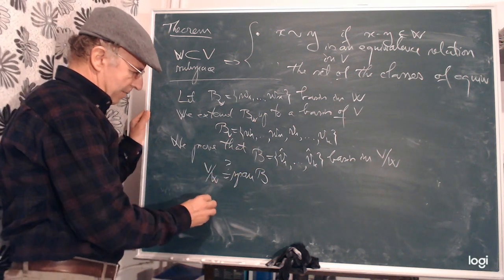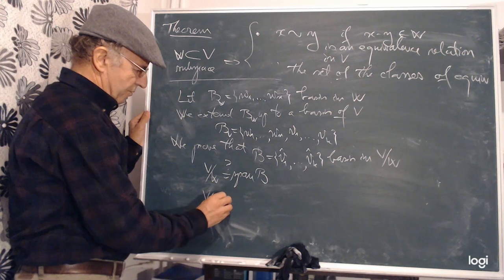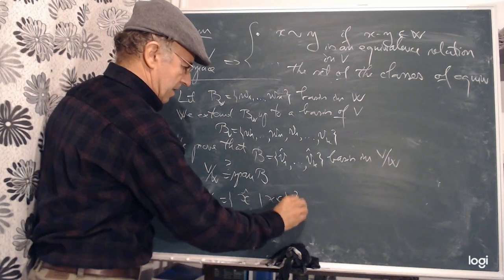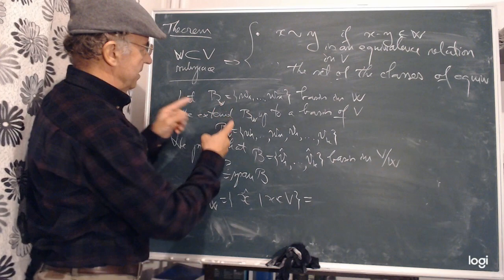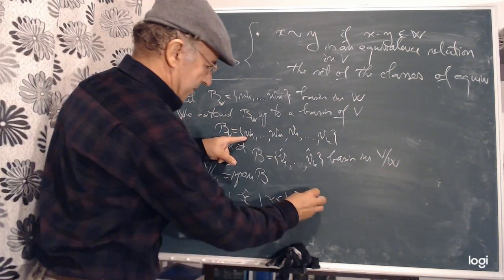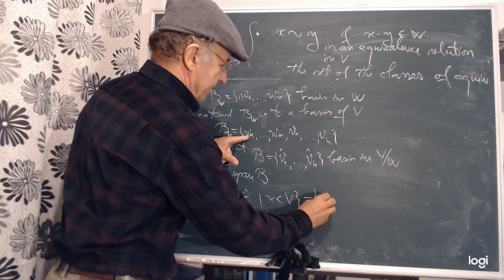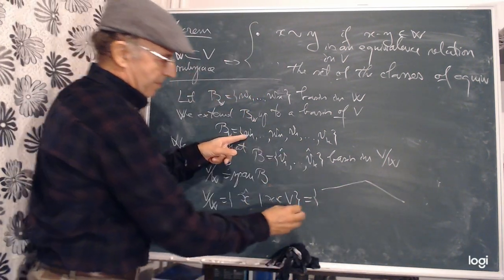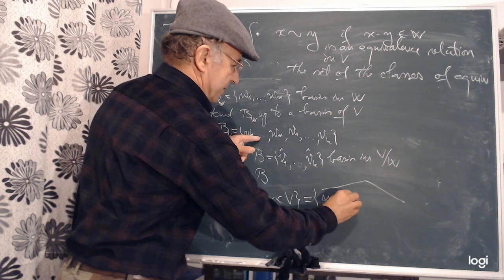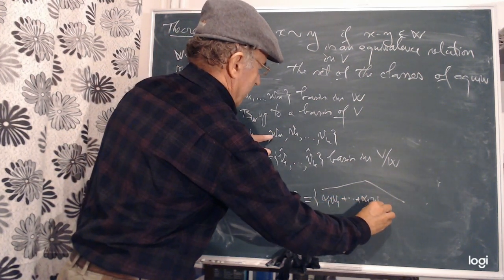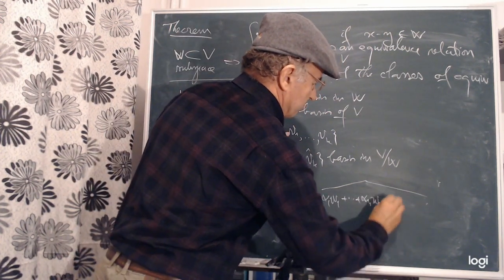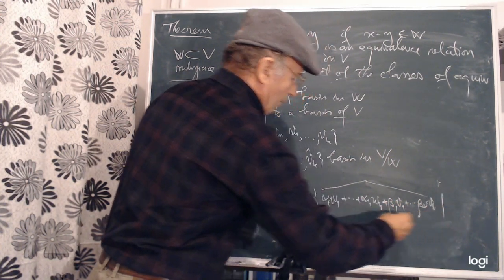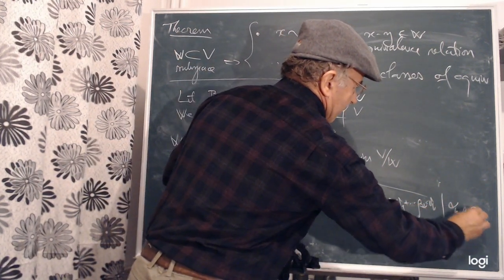An arbitrary element of V over W is the set of classes for x from V. The class of x will be a linear combination of the basis in V: alpha 1 W1 plus alpha n Wn plus beta 1 V1 plus beta k Vk, where the coefficients alpha, beta are from the field of scalars.